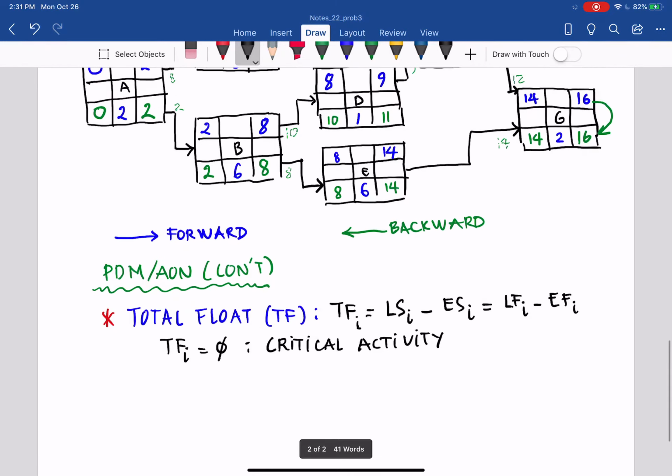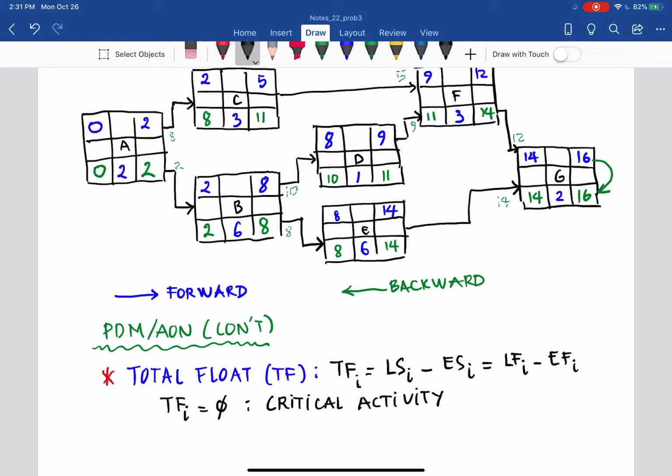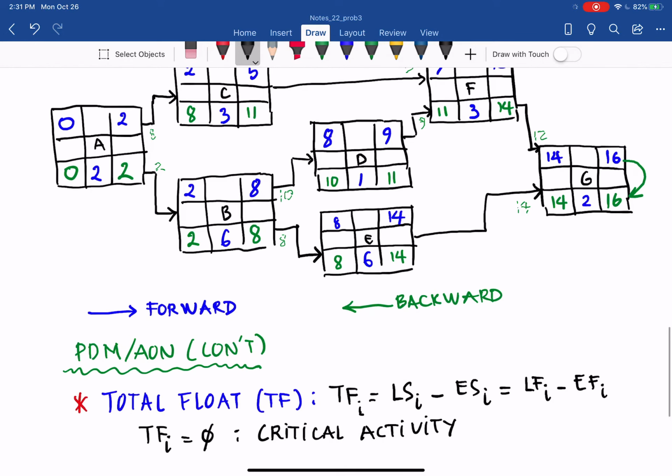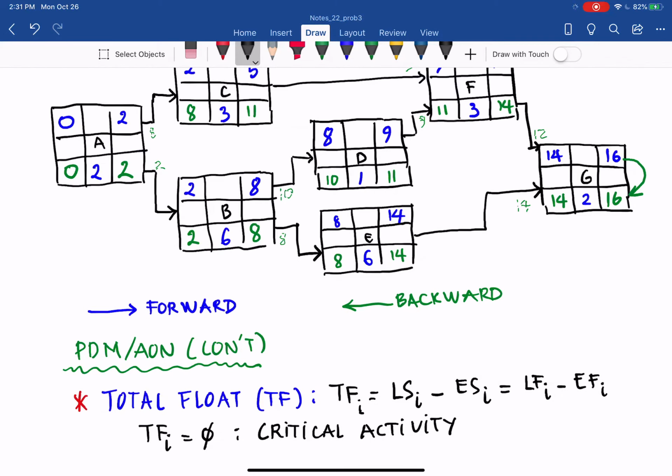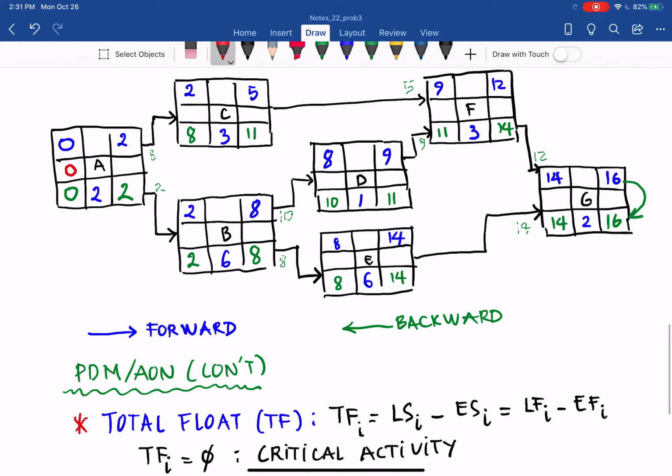So let's apply that to fill out the middle left box. It equals either late start minus early start or late finish minus early finish. For A, as you can see, 0 minus 0 or 2 minus 2, so it will be 0. B, 2 minus 2 or 8 minus 8, so it will be 0. C, 8 minus 2 or 11 minus 5, so it will be 6.